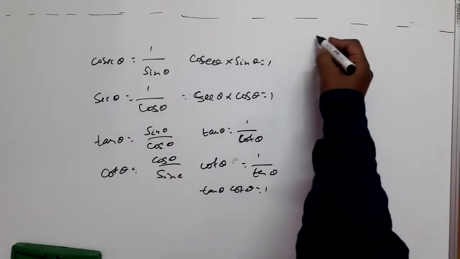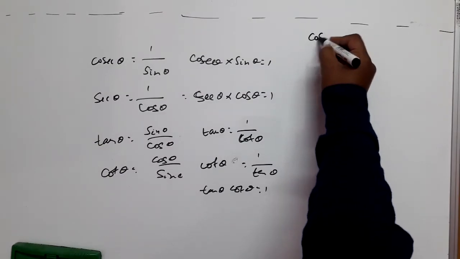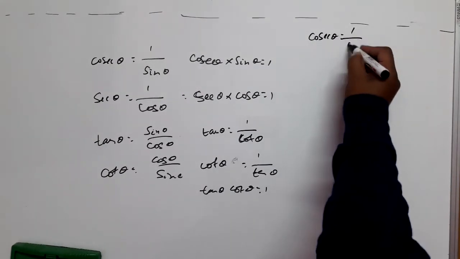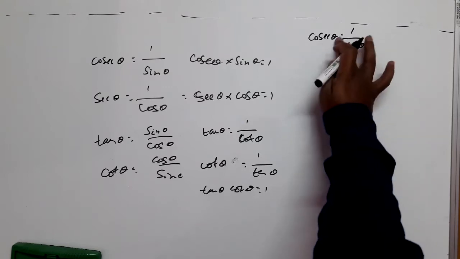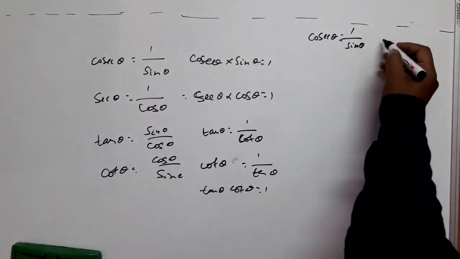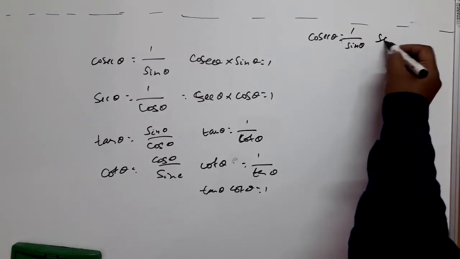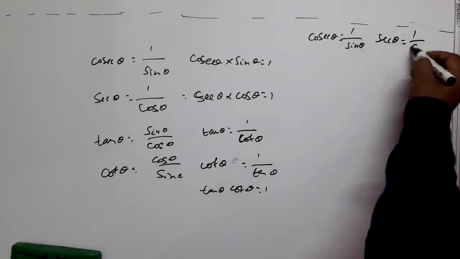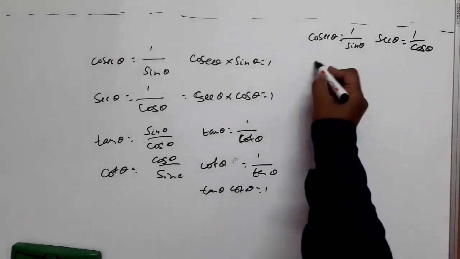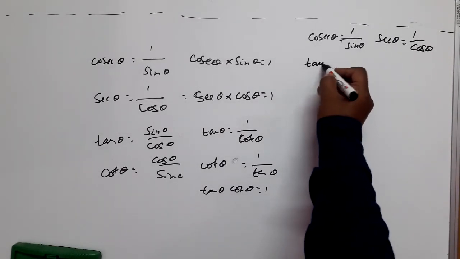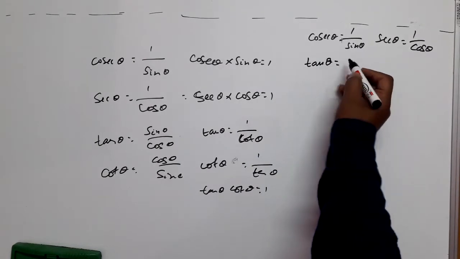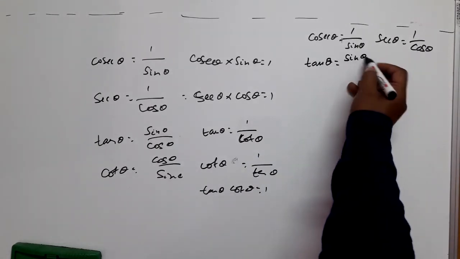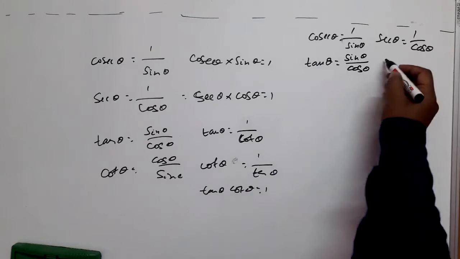I am writing here. This is cosecant theta is 1 by sin theta. Secant theta is 1 by cos theta. Tan theta is sin theta by cos theta.